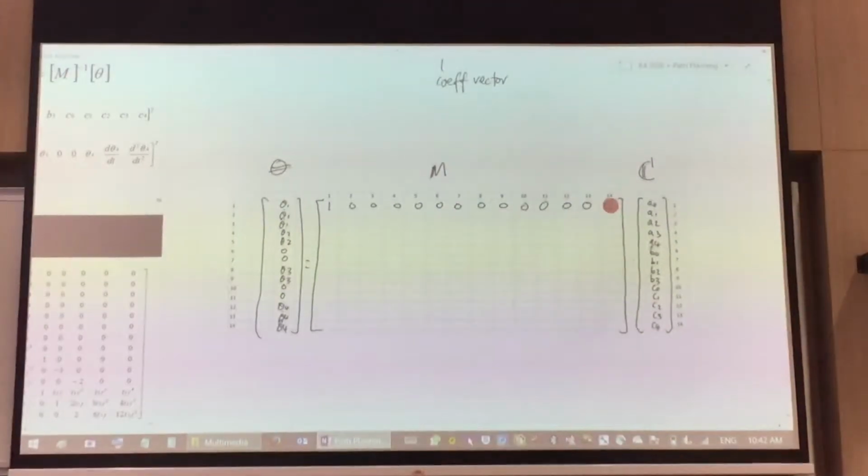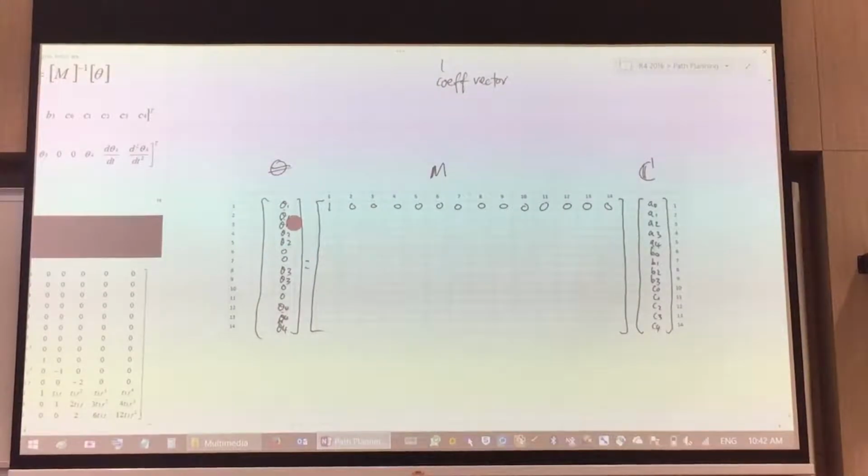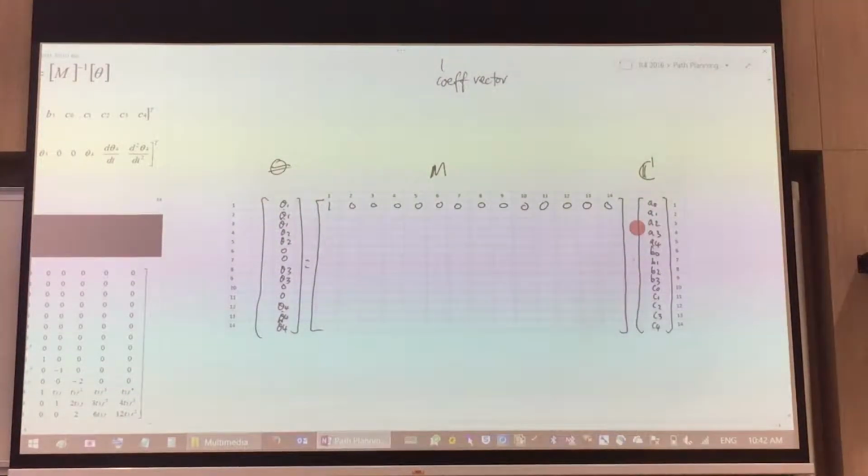What is your second boundary condition? Second boundary condition is actually theta dot 1 equal to A1. Right? So in order to formulate your M matrix over here, that would be 0, 1, 0, 0, 0, and everything else.